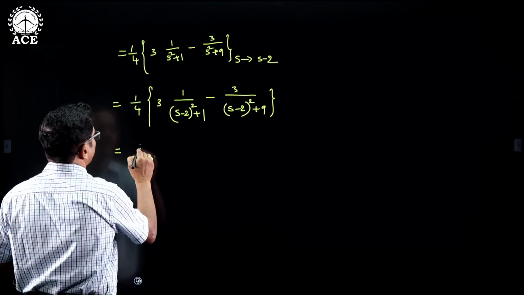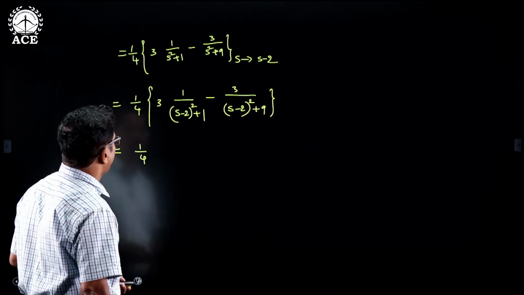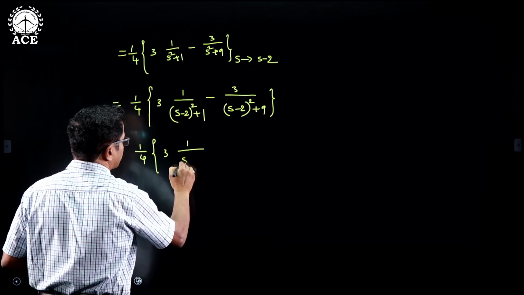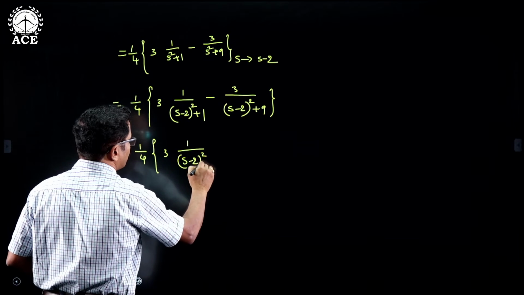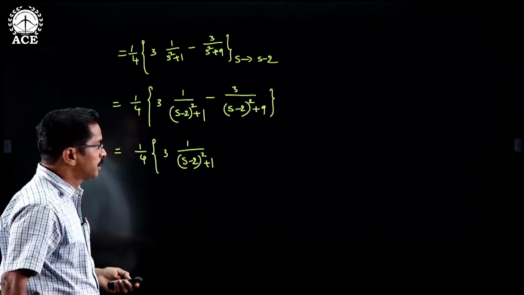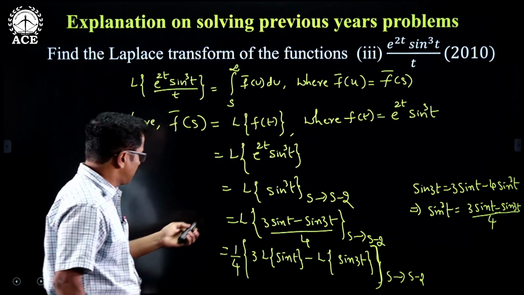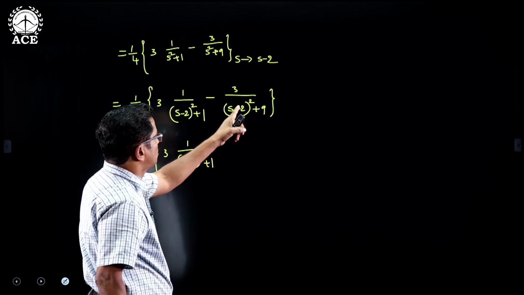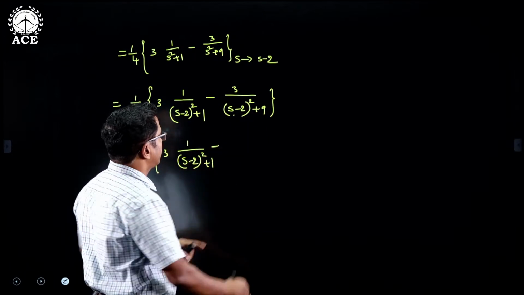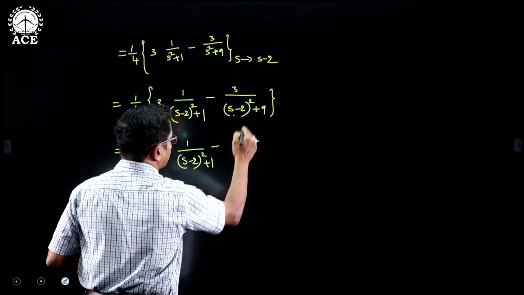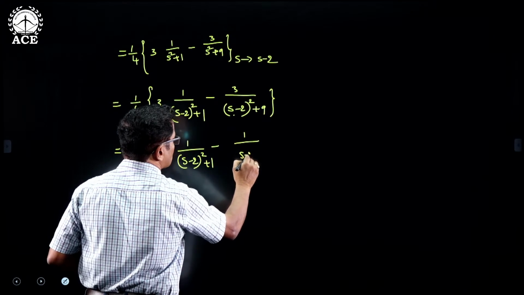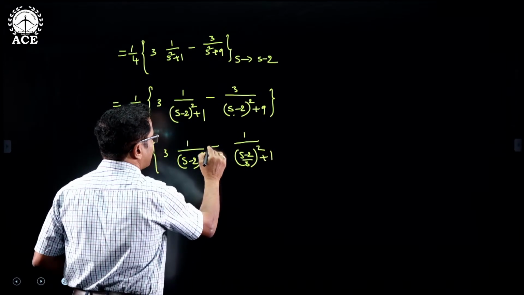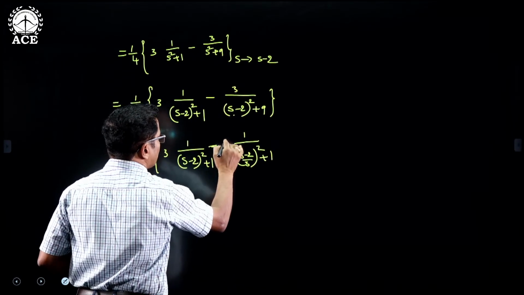So this form is convenient for evaluating the integral which we required in the beginning. But here I require 1 plus (s minus 2) whole square, so for that I am taking 9 common. It becomes (s minus 2 by 3) whole square plus 1. So 3 divided by 9, 1 by 3 will be left.